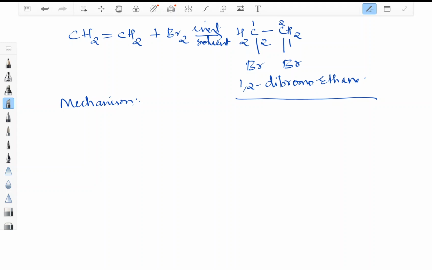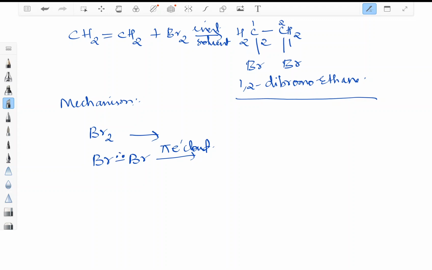Now in this scenario where we are using Br2, I'll write Br2 like this, Br-Br. In the presence of the pi electron cloud, what happens is Br2 has a sigma bond.